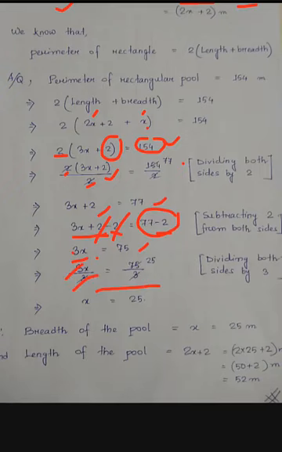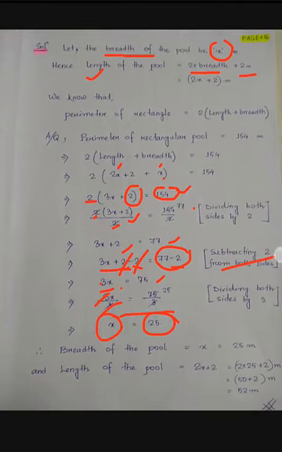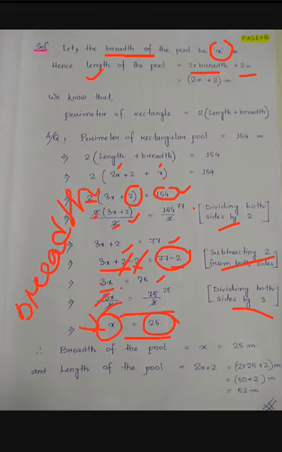So 3 will get cancelled, only x will be left behind, while on the other side 75 divided by 3 will give you 25. Side notes are already given here. When we got x as 25, x is nothing but the breadth. So we already got the result for breadth. So the breadth of the pool is 25.